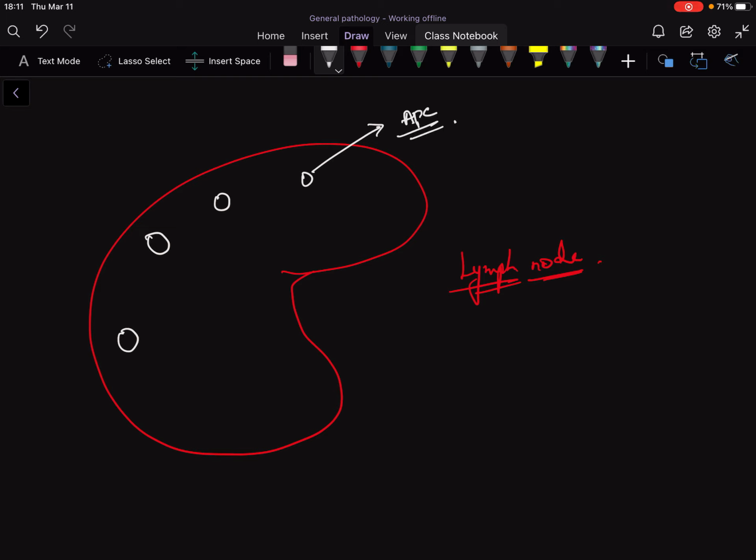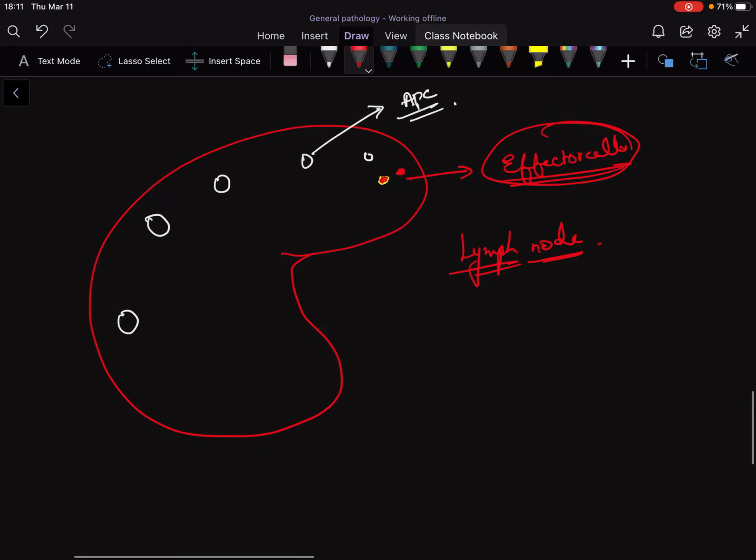Normally the T lymphocytes and B lymphocytes, suppose here are the T lymphocytes and here are the B lymphocytes, reside in these lymph nodes, okay. Once the dendritic cells present the antigen to the lymphocytes, they will convert into effector cells, okay. So that was the function of these secondary lymphoid organs.